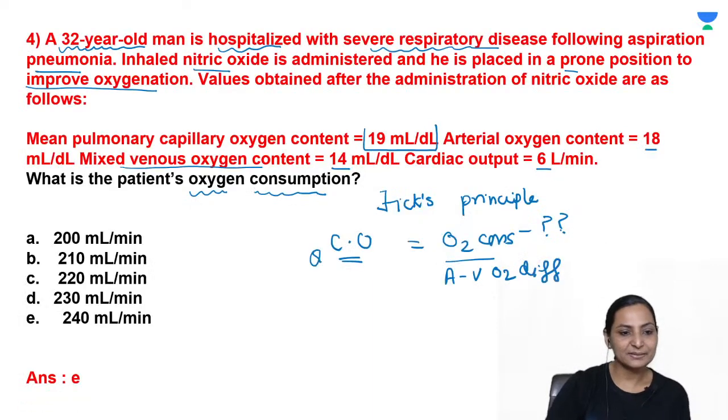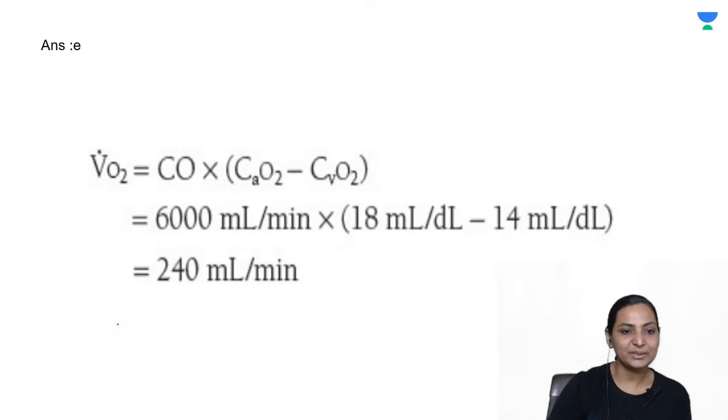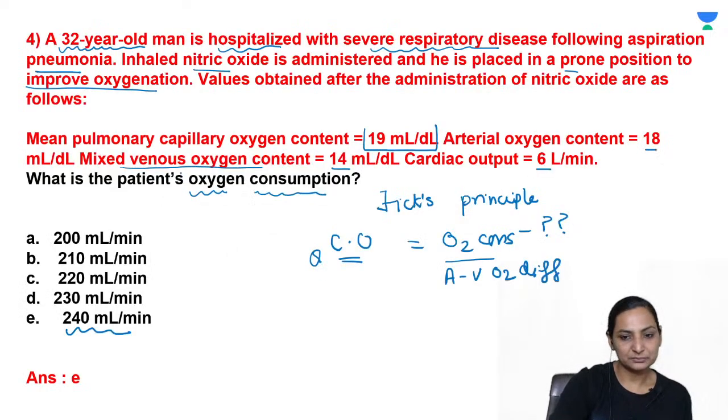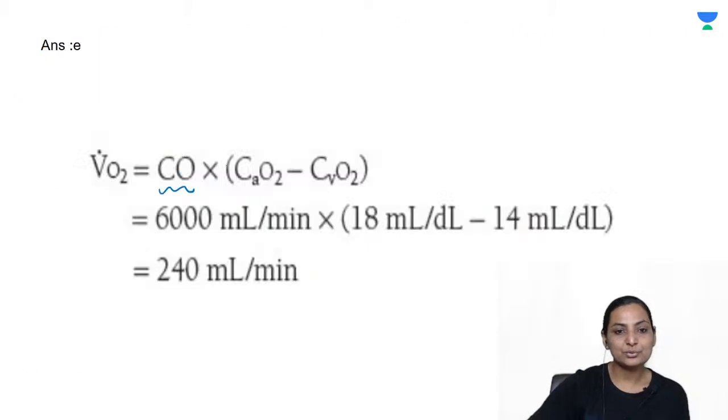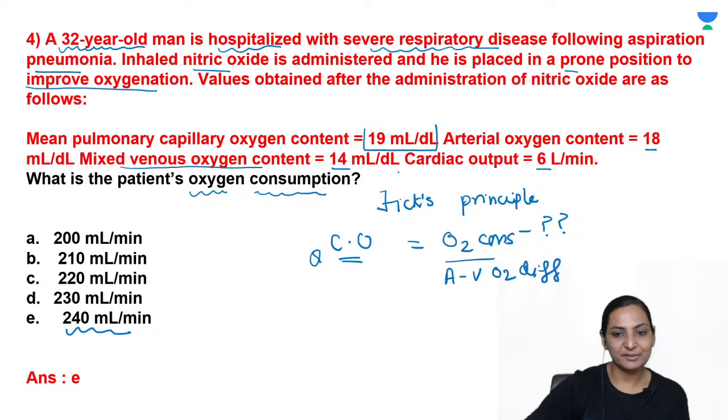So the correct answer is 240 ml per minute, and let's see how we got this. We know by Fick's principle that oxygen consumption is cardiac output into arteriovenous oxygen difference.